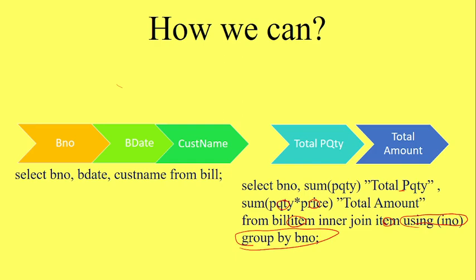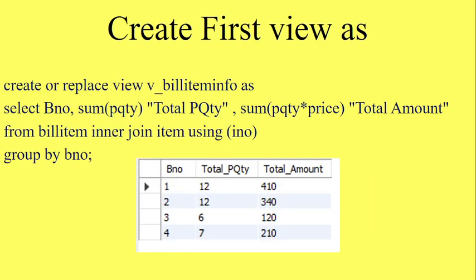And then here: create or replace view bill_item_info as select bill number, comma, sum of quantity as total_quantity, sum of price multiplied by quantity as amount from bill item inner join item. We have used inner join because we have to fetch price.